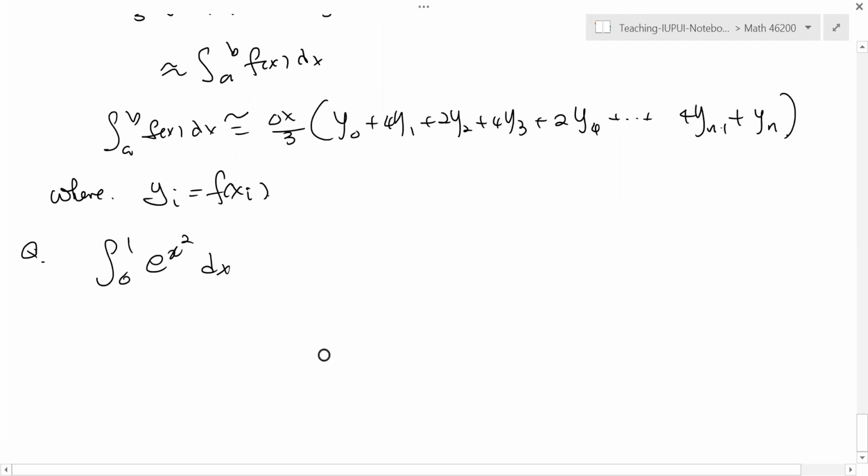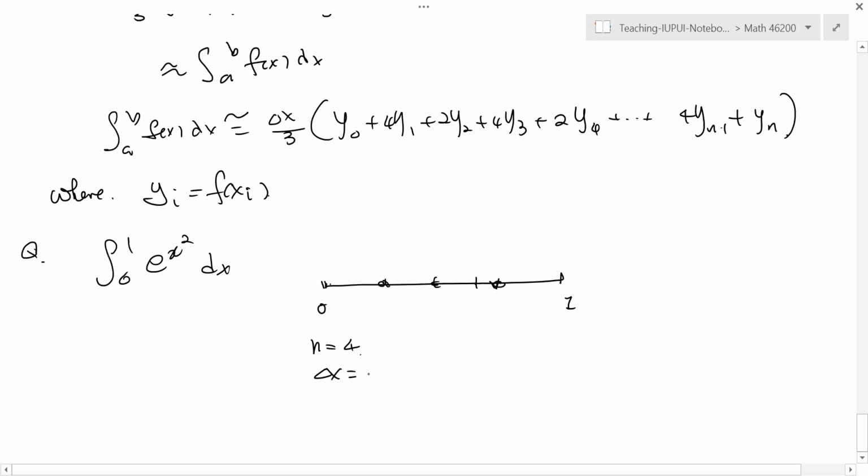If you use a computer, you can do much faster computation, so you can choose as many points as you want. But here we only divide it into 1, 2, 3, 4 parts. So I'm going to let n be 4.